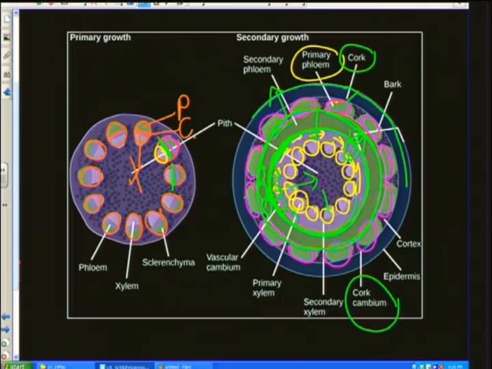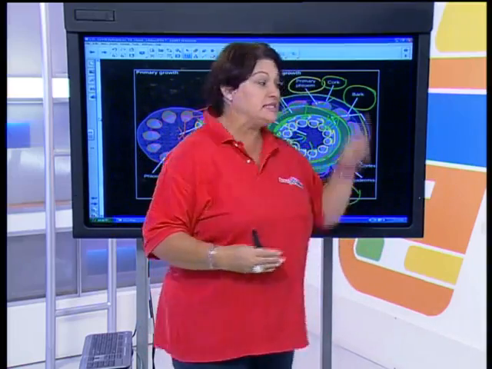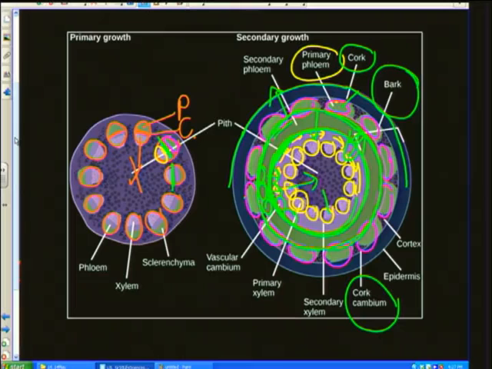It forms a very hard outer covering that we call bark. So the epidermis doesn't stay that nice soft tissue. The epidermal tissue differentiates and becomes something else. It needs to, because otherwise the plant will literally burst at the seams. So the outside part changes to cork cambium, and that hardens, and that is what we call the bark.